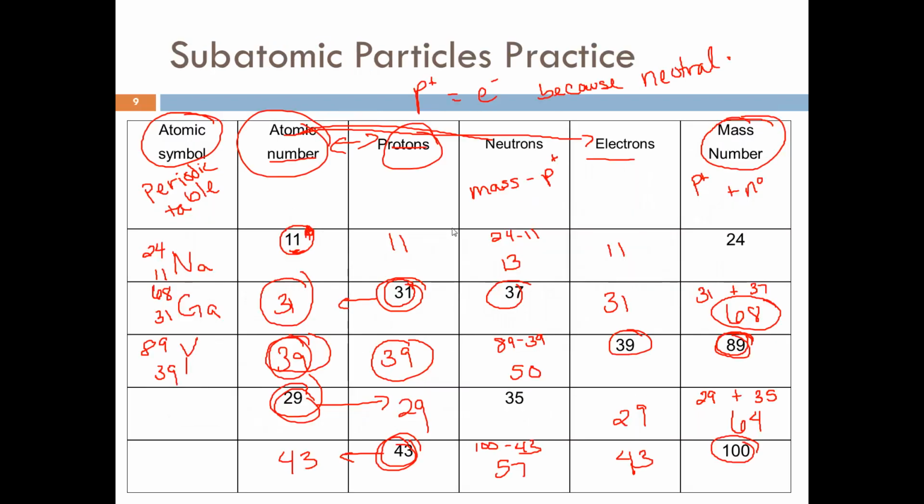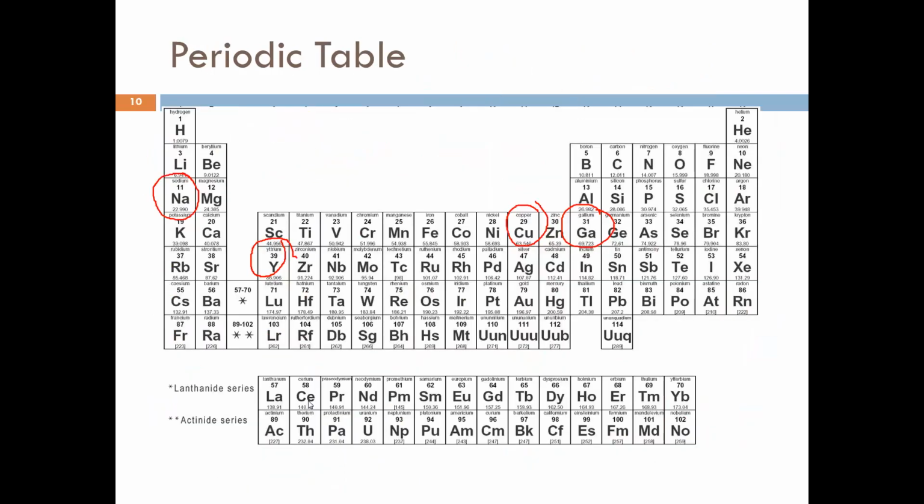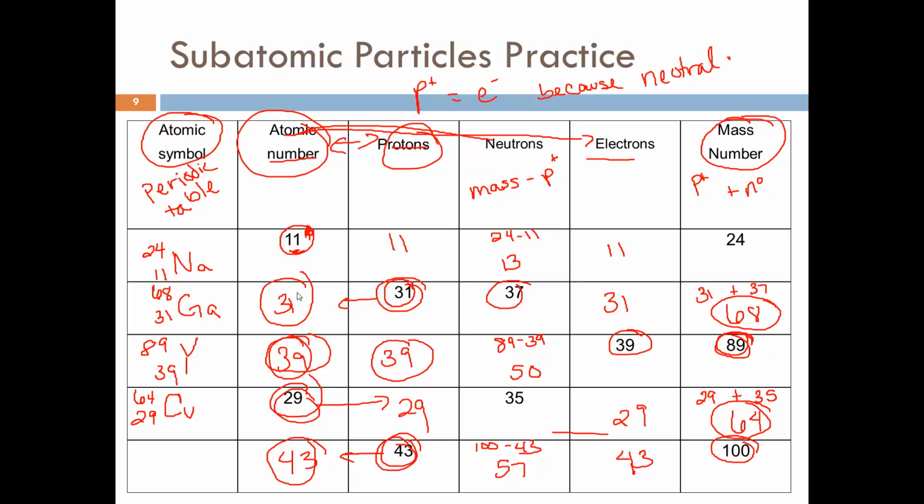That's Cu. Atomic number is 29. The mass number is 64. The last one is 43, which is technetium. Number 43, and mass number of 100.